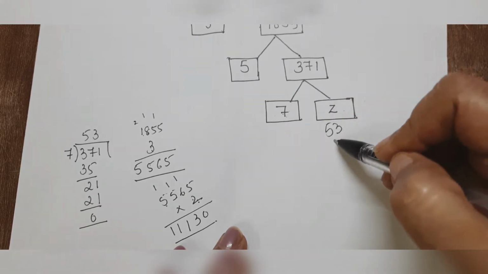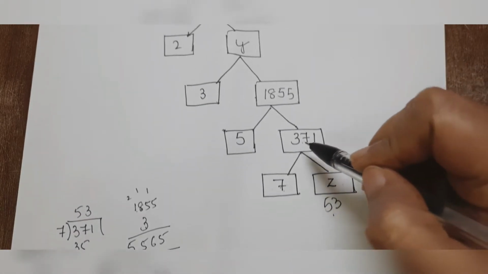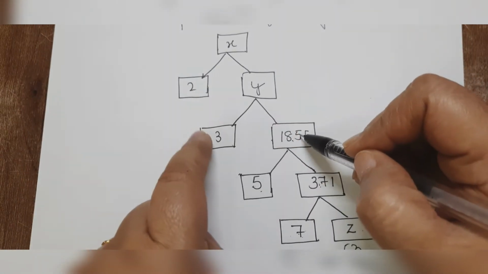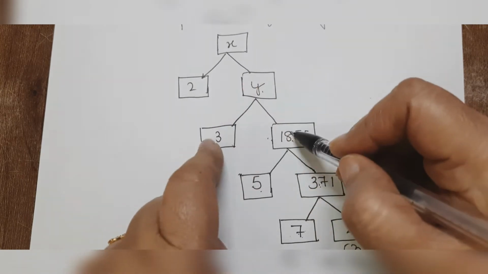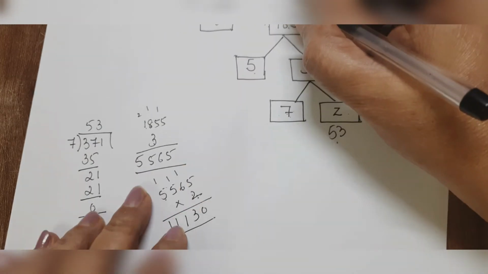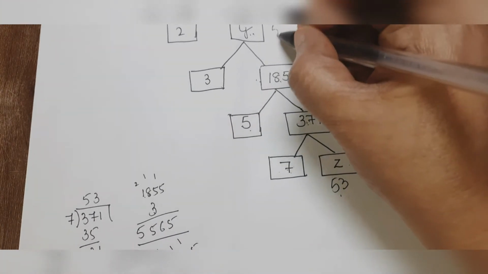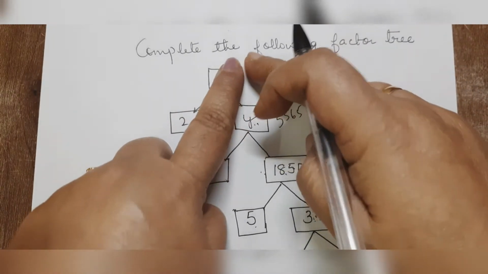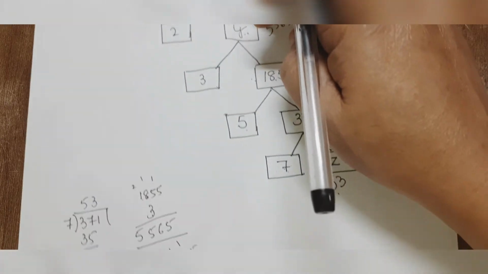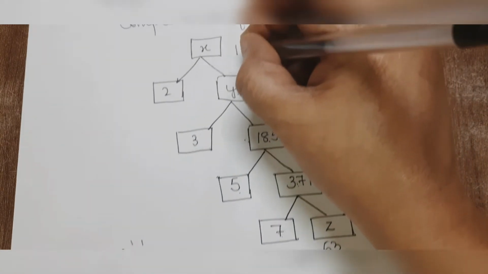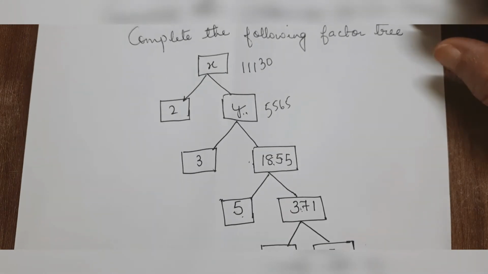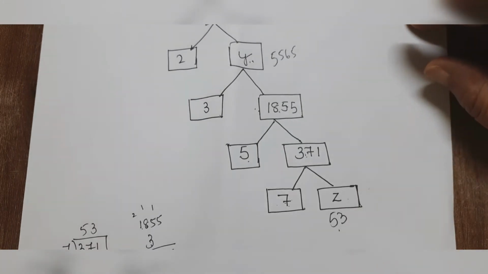So 7 into 53 you will get 371. So this into this multiply given over here, we are going up, so you multiply, and when you multiply, this value is 5565. Then again we are going to the top, multiply this, your value is 11130. I hope you all got it, the factor tree.